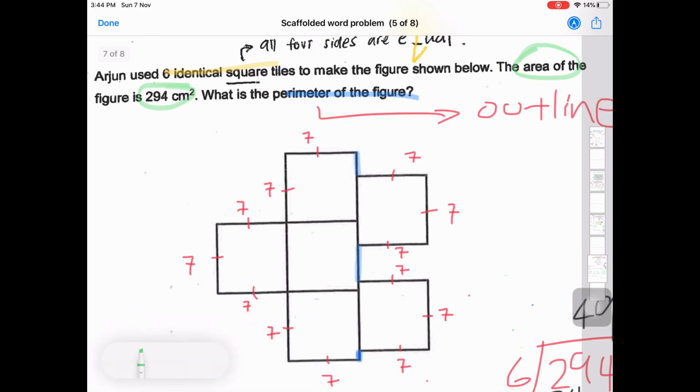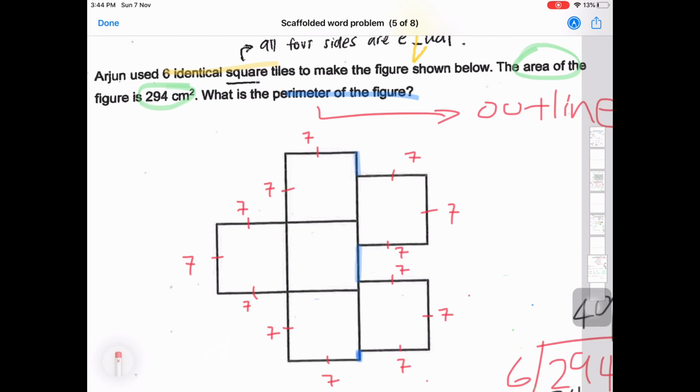Do you realize that in this length here, there are 3 groups of 7? 1, 2, 3. And right now, we only have 2 groups of 7. So it means that the blue line is actually 7.